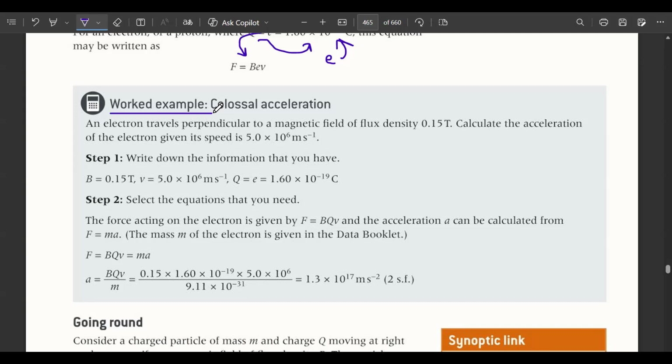And they do 0.15 times the elementary charge, which is 1.6 times 10 to the -19, times 5 times 10 to the 6, over the mass of an electron, which is 9.11 times 10 to the -31. And then that gives them the acceleration, which is 1.3 times 10 to the 17.